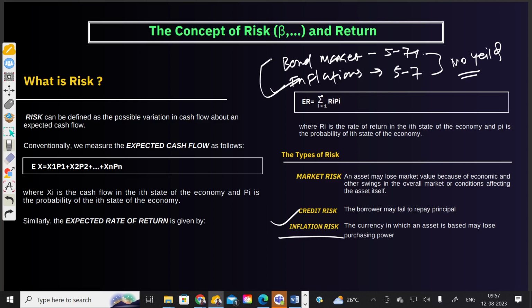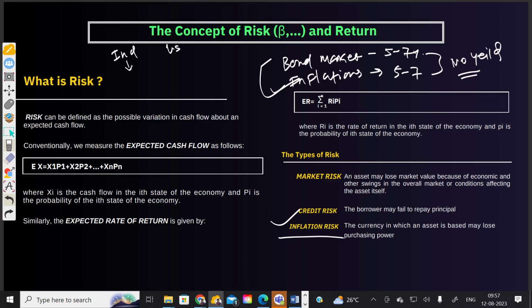If the inflation is high, then most of the investors don't invest in that particular country's economy, or even that particular sector as well. The reason is the yield; it will affect the yield. For example, let's say there are two countries, one is India and another one is US.